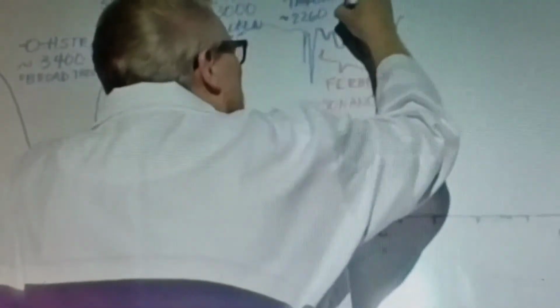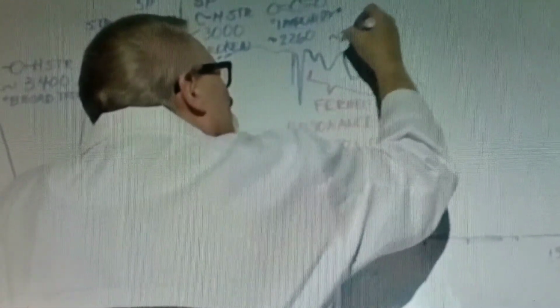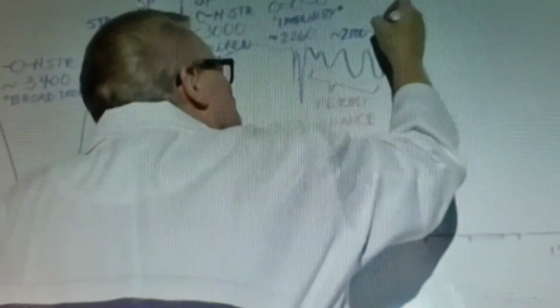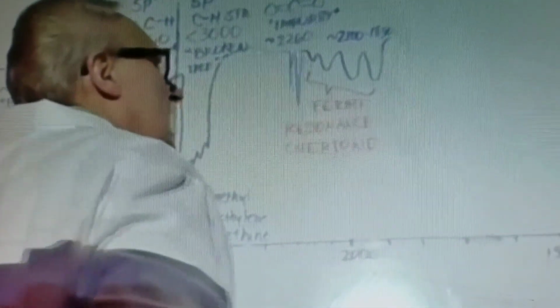Again, they appear between about 2100 to about 1850. That number is not so important, it's the shape. And the shape is their little speed bumps.